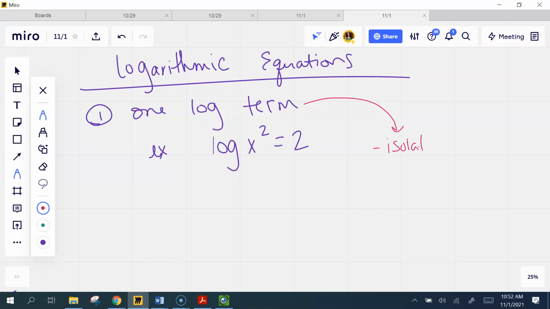What does isolate mean? Get by itself. Isolate the log. If there's anything in front of it here, make sure you get rid of that before you do anything else. And then I am just going to change forms and solve.